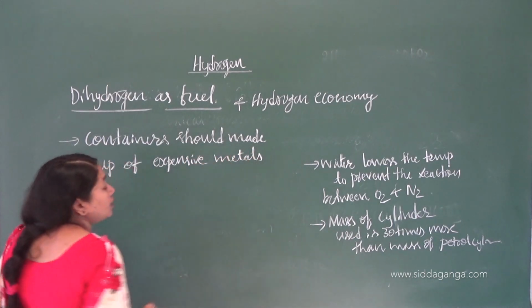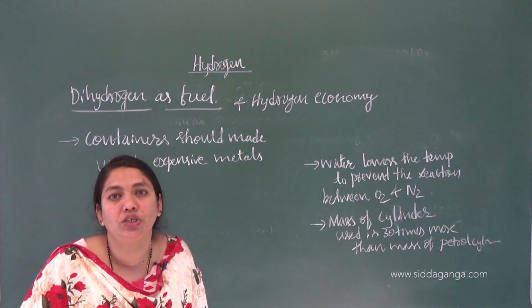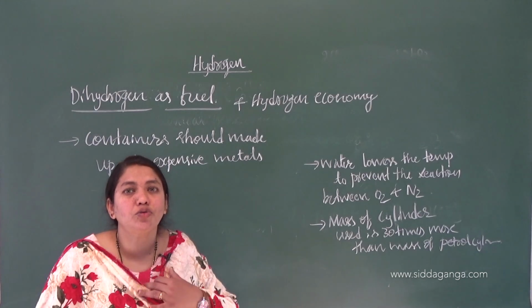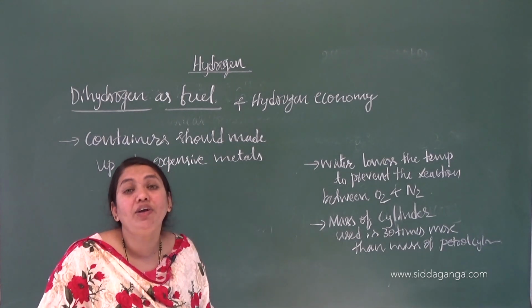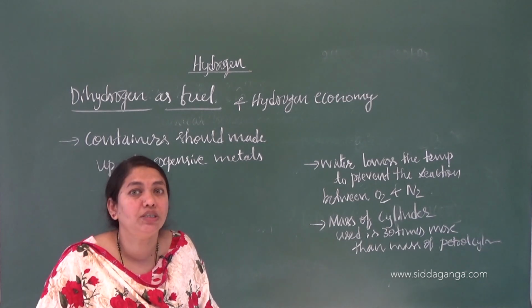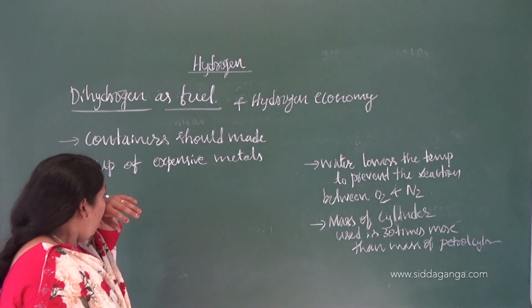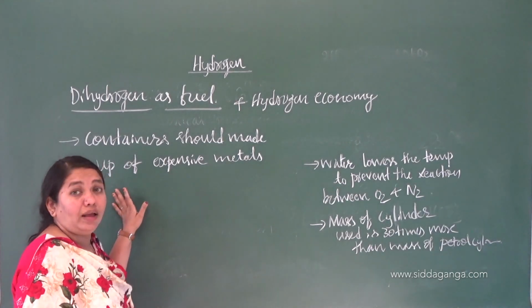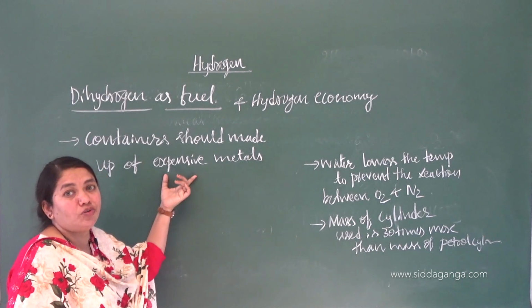That is expensive because you have to store hydrogen at a very low temperature in the form of a liquid. If you want to store the dihydrogen gas, nearly 20 Kelvin temperature is required. So in order to do that, the container quality should be good, but they are highly expensive in nature.